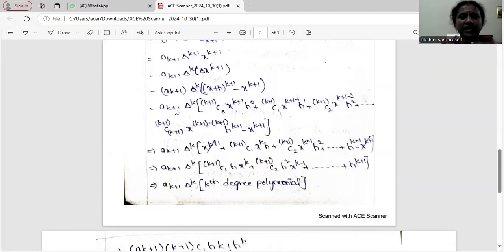This implies a_{k+1} into delta power k of (x+h) power k+1 minus x power k+1.